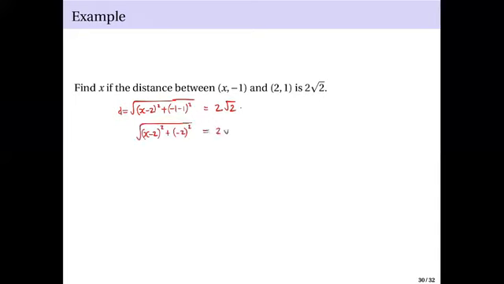Then we square both sides, and at the same time, we square this negative 2. And we will get x minus 2 squared plus negative 2 squared, that's 4, equals 2 square root of 2 quantity squared. This is equal to 8. Okay?